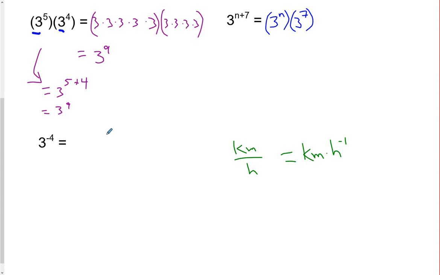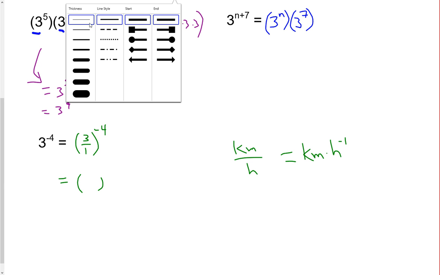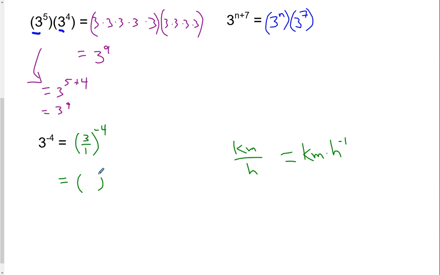So basically what a negative exponent does is it inverts the thing that it's the exponent of. It flips it. So in this case, I can write 3 as 3 over 1, right? Because I can write anything as over 1. That doesn't change it. If I want to turn my exponent positive, like the negative 4, I can do that, but I need to flip its base.